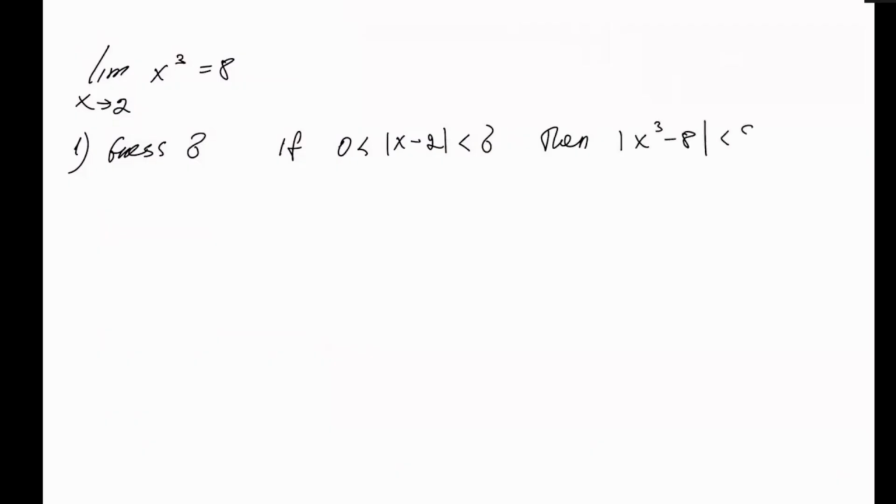Now, first step, again, we need to guess the value of delta, right? So we start with if the absolute value of x - 2 is less than delta but greater than 0, then the absolute value of x cubed - 8 is less than epsilon.